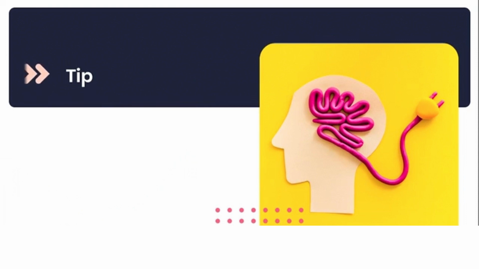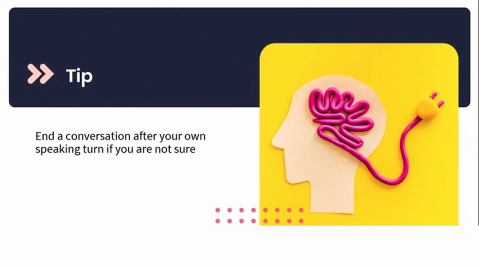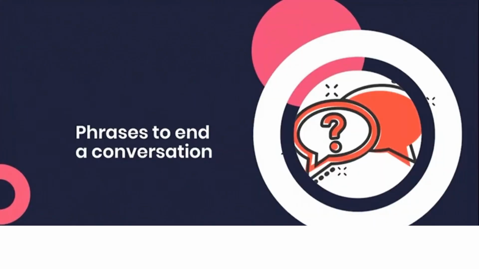Here is a tip. If you are not sure if someone is done speaking, you can always end the conversation after your own speaking turn instead. That way you can be completely sure that you are not interrupting the person. Now, here are some phrases you can use to end a conversation.